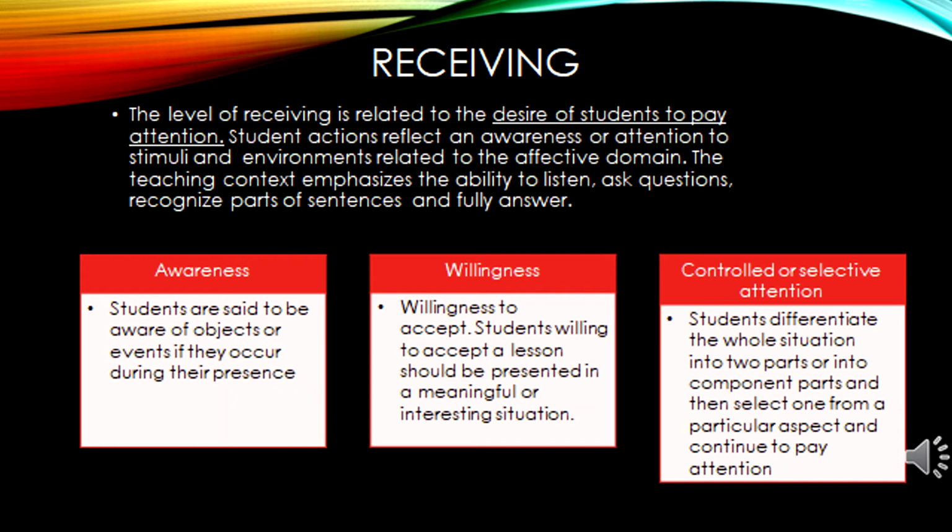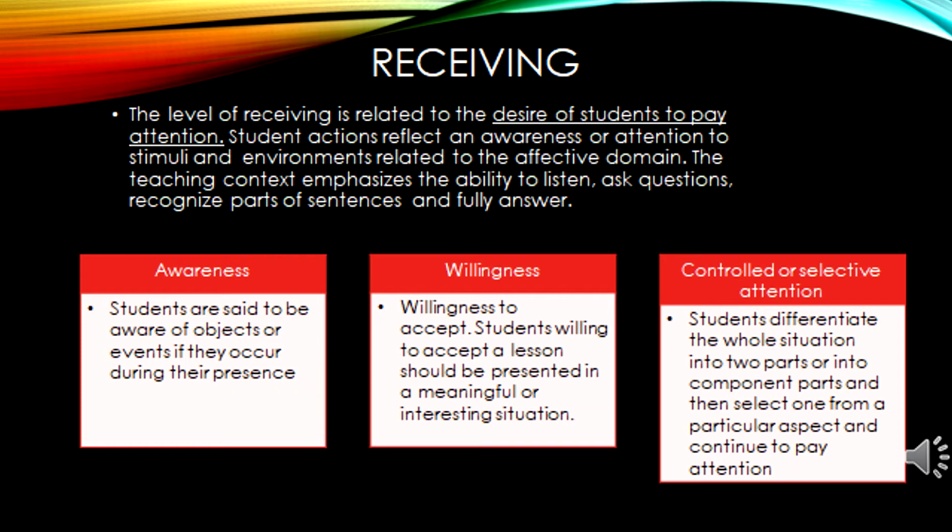This level has 3 elements. The first element is awareness. Students are said to be aware of objects or events if they occur during their presence. Second is willingness to accept. Students are willing to accept a lesson that is presented in a meaningful or interesting situation.